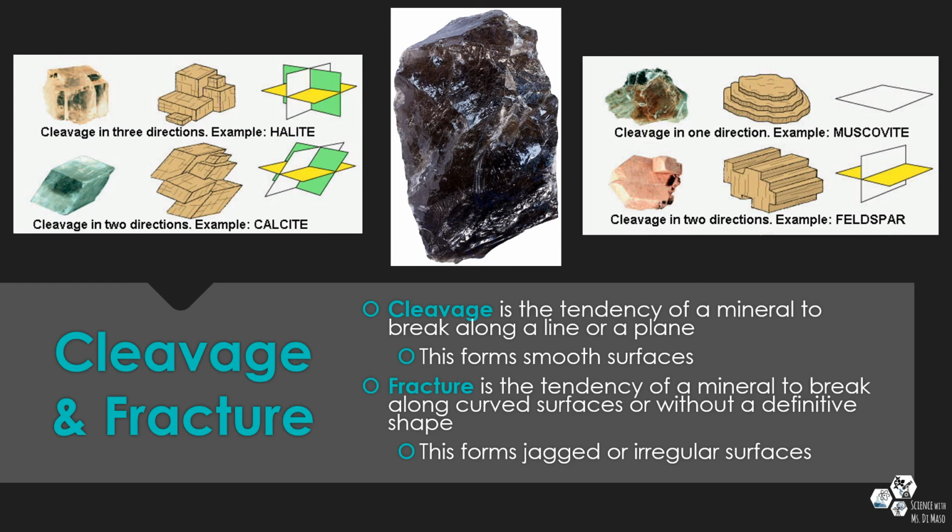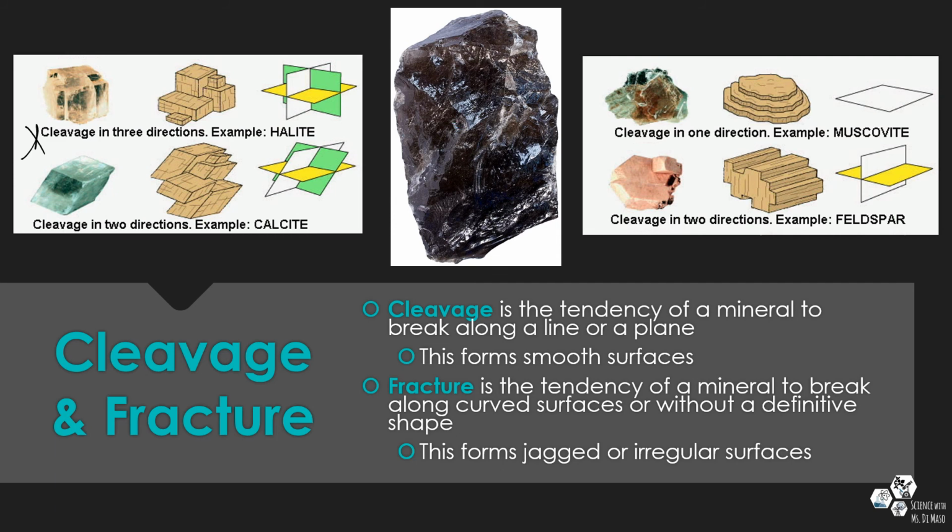The next one is cleavage and fracture. This is how the mineral will break, what type of pattern it forms when it breaks. The first one, cleavage, is the tendency of the mineral to break along a line or a plane. So this looks very geometric. There's always a repeated structure or pattern.